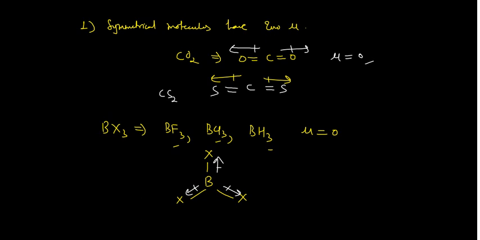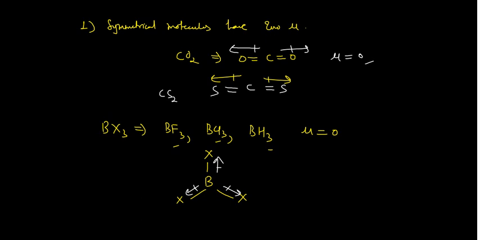If you know the point groups of the species, however it is not in the IIT JEE and IIT JAM syllabus, the group theory, then only certain point groups will have the dipole moment, the rest will not. I am not discussing symmetry point groups here, but when I go to group theory, I will explain how the point group decides the dipole moment. But this is a symmetrical structure, and you may have angular structures also.